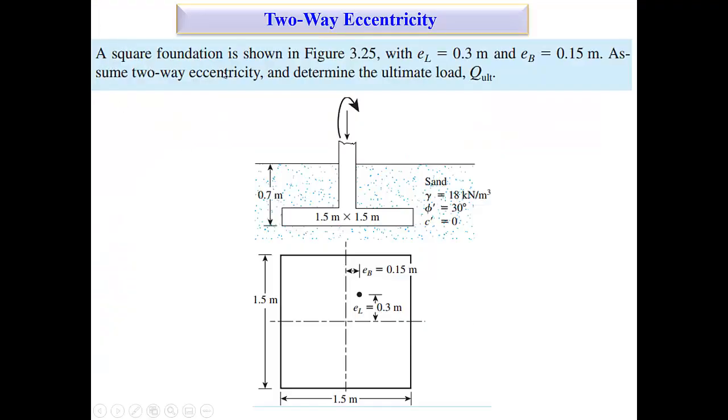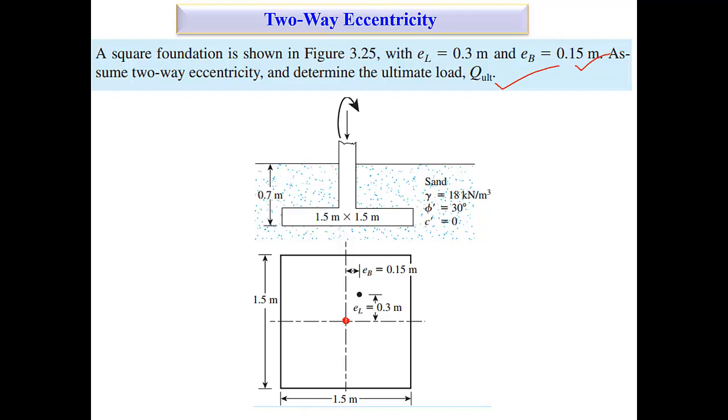What is the problem? A square foundation is shown in this figure. Here you can see that EL is 0.3 meter, and EB is 0.15 meter. Assume two-way eccentricity and determine the ultimate load, Q ultimate, right?